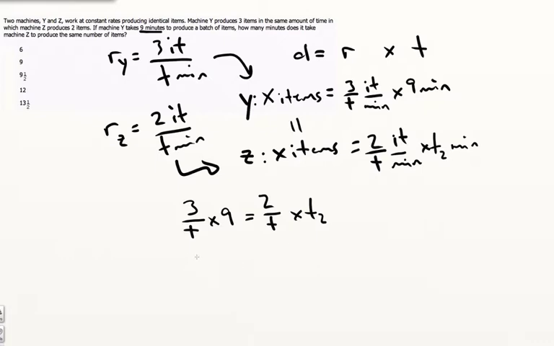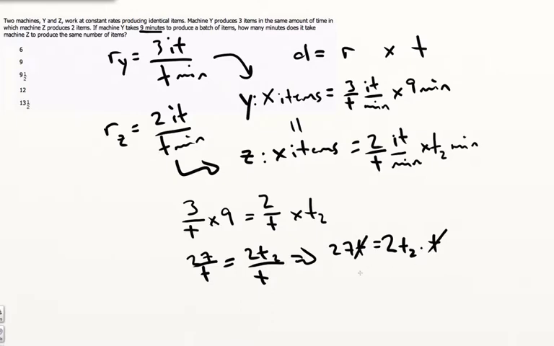If it makes it clearer, I'm going to say that's 27 over T, and that's 2T2 over T. And then we can flip that up here and say 27T equals 2T2 times T. Knock that out. And then T2, the thing we're solving for, is 27 over 2, or 13.5. And of course that unit will be in minutes.